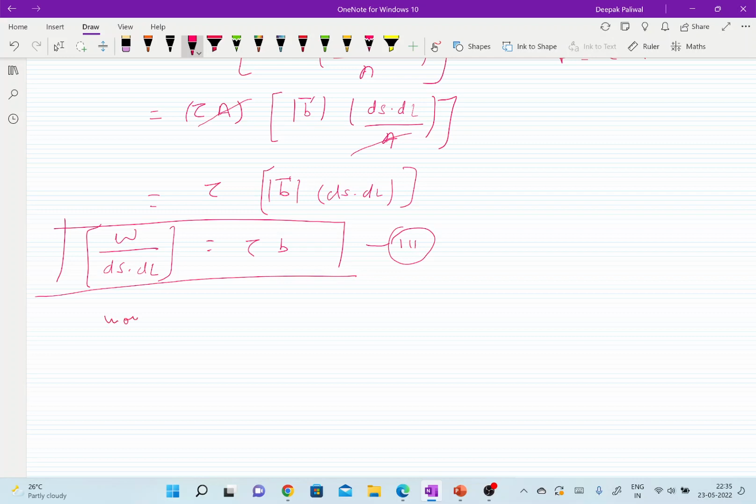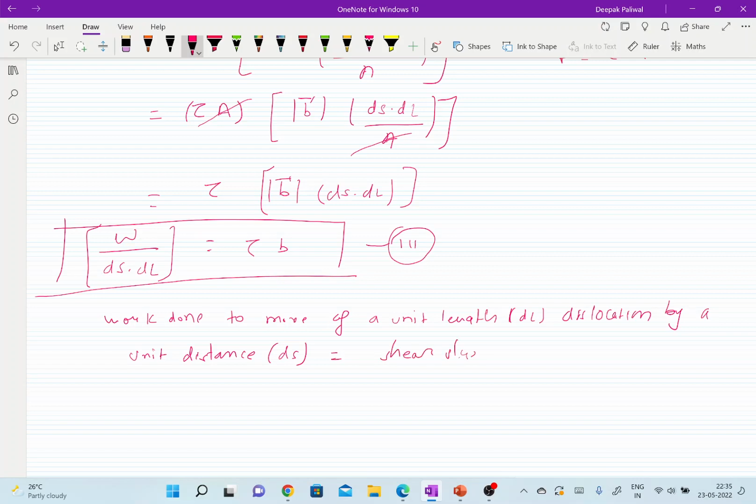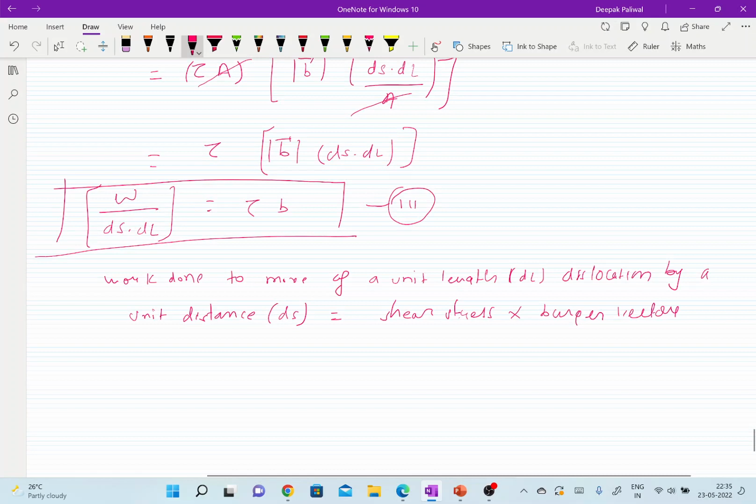The work done to move a unit length dislocation by a unit distance ds is equal to shear stress multiplied by Burgers vector.